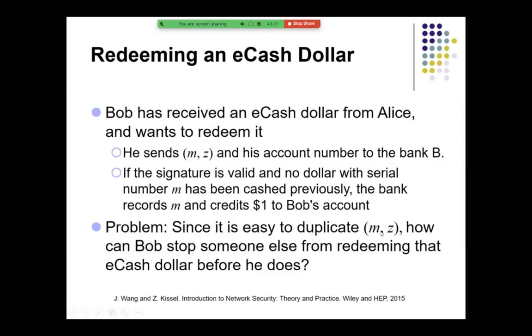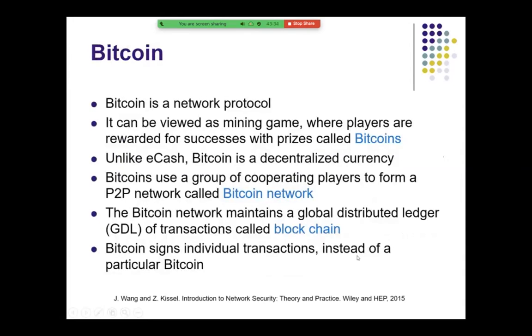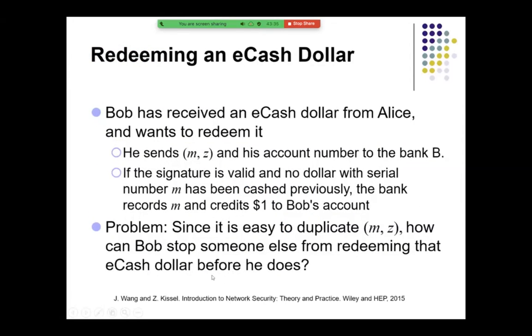Let's say Bob is a legitimate person, but Charlie isn't. So the question then is, how can Bob stop Charlie from redeeming that Ecash dollar before he does? That is the first question that I would like you to think about.